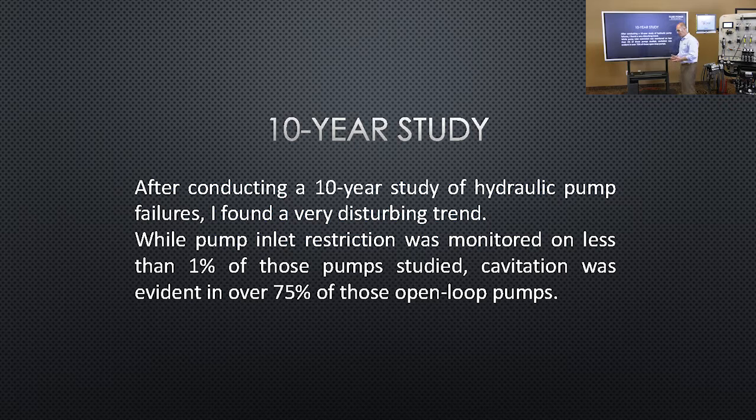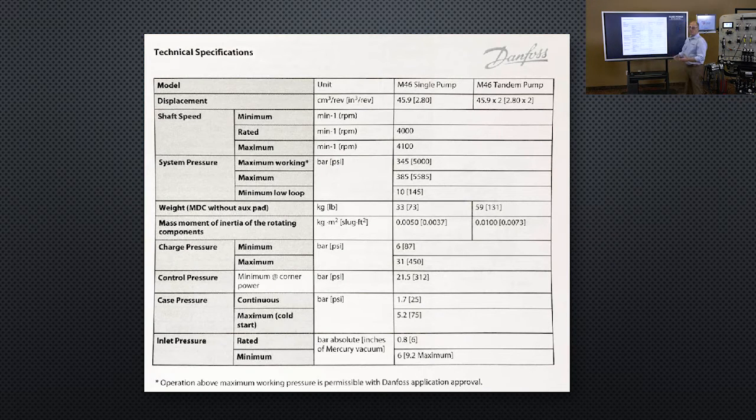In other words, in a period of 10 years, 75% of open loop pumps had either failed due to cavitation, or there were signs that the pump had suffered this condition. And that's alarming. It's only disturbing because over 99% of pumps, the inlet restriction on these pumps is not monitored on a routine maintenance basis.